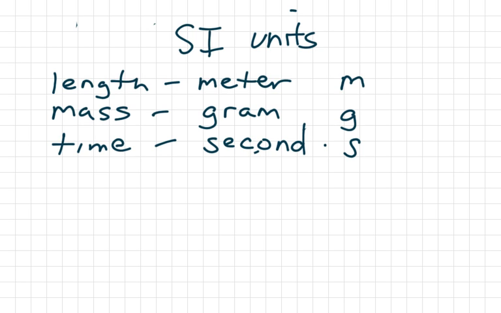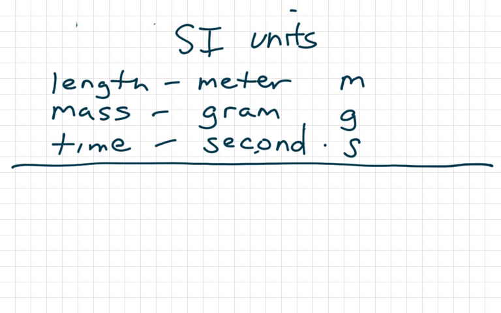But what about if we want to indicate large quantities or smaller quantities? What we do is we use prefixes, which increase by 3 orders of magnitude.